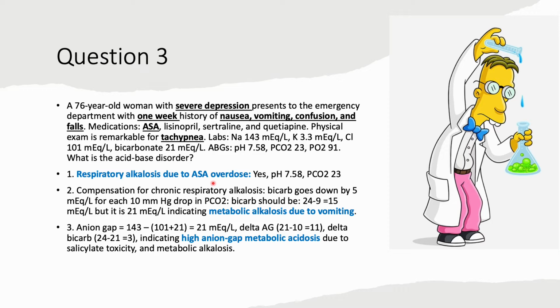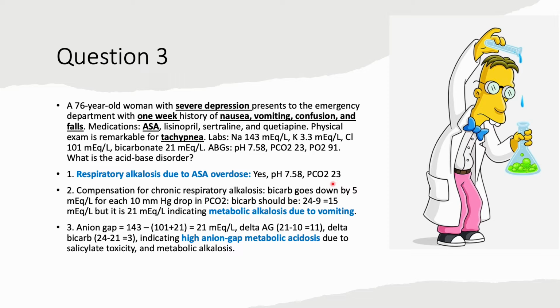In children, you see more metabolic acidosis, and the metabolic acidosis is due to not just salicylate, it's mostly lactic acidosis. At any rate, so we have respiratory alkalosis. Why? We have a pH that is high and we have PCO2 that is low. That's easy, okay? And respiratory alkalosis is part of every answer, so you haven't achieved much by doing that.